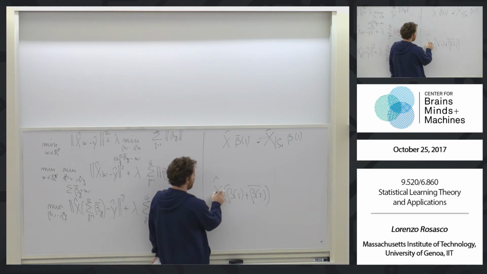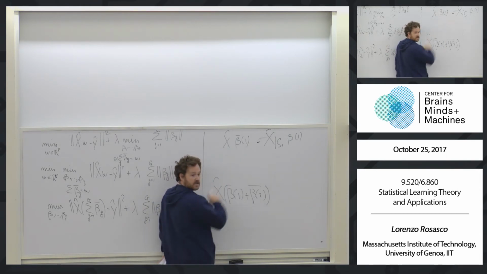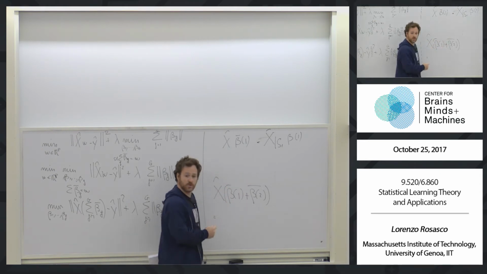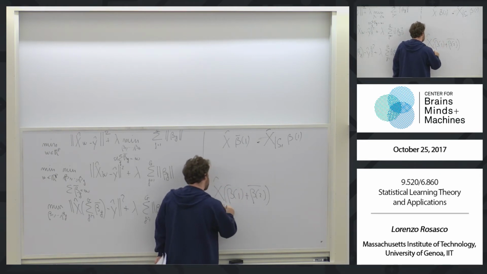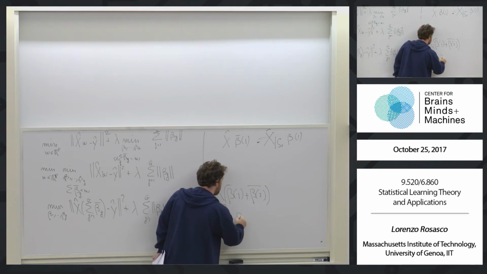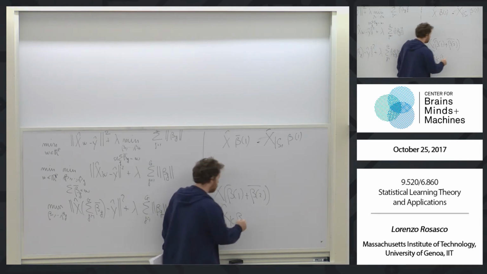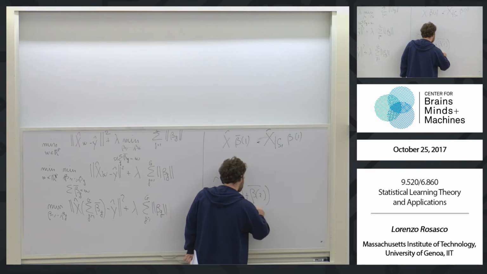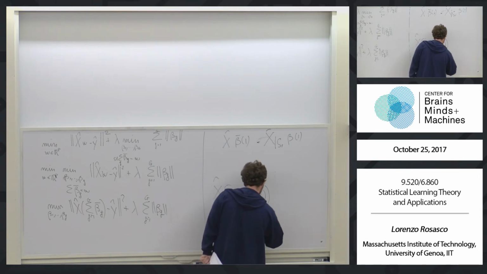So it means that this guy hits this and you get this, okay? If you now hit the other guy, you get the same thing with G2. So you're going to get x bar G1 B1 plus x bar G2 B2.